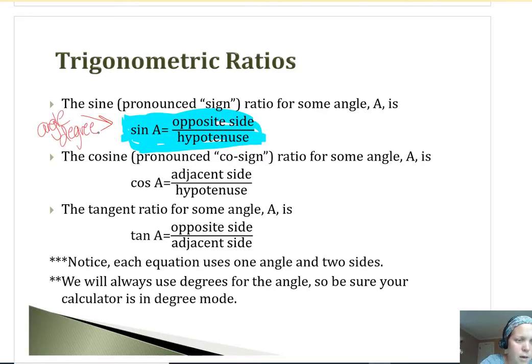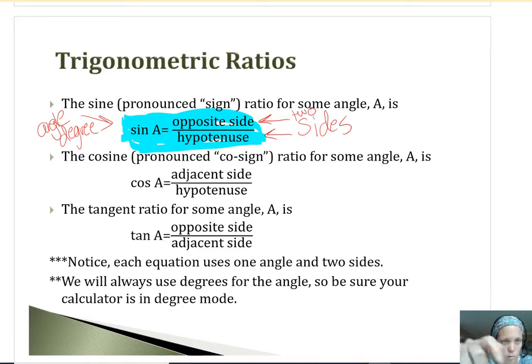And on the right side, there are two things that we can plug in or solve for, and they're both sides. So on the left side of these equations, we have our angle along with the trig part of it, and on the right side, we have two of the sides. Sine is the opposite side over the hypotenuse.